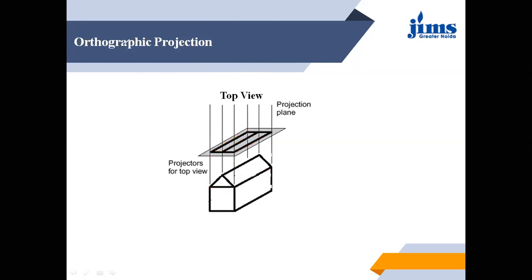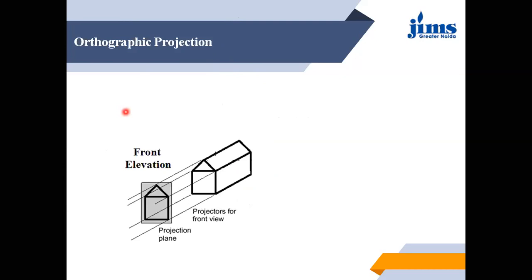When we want to see the front view or front elevation, then this is the front elevation. You can see from here that when a person wants to see this object from the front, then this distance will be equal to this distance, when the projected rays are coming from infinity.